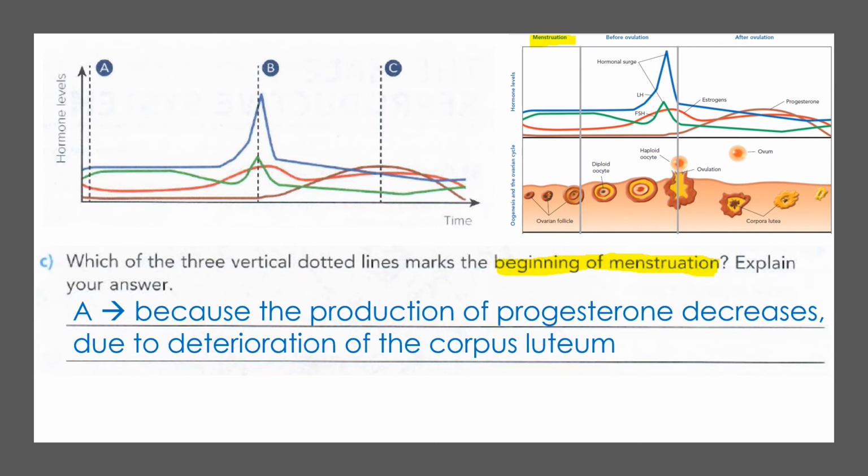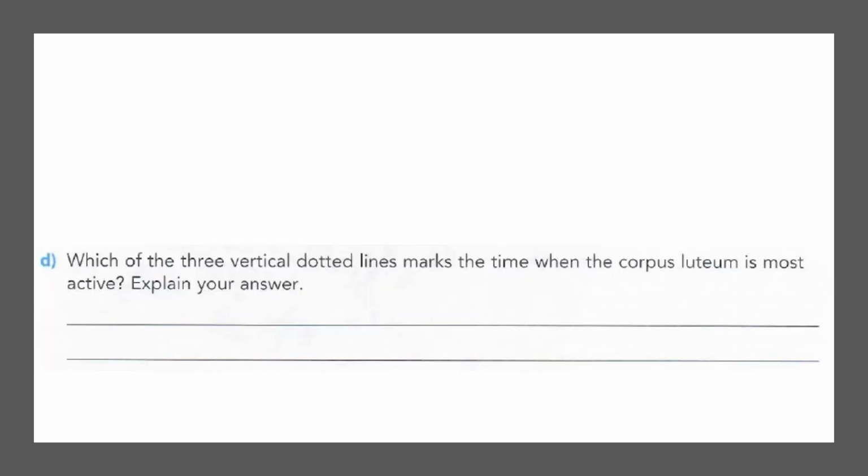The A. And in this one, I can see that my progesterone is decreasing, is the lowest level. So A, because the production of progesterone decreases due to deterioration of the corpus luteum. So when the corpus luteum disintegrates, the progesterone decreases, and then the endometrium begins to lose and starts with the menstruation.